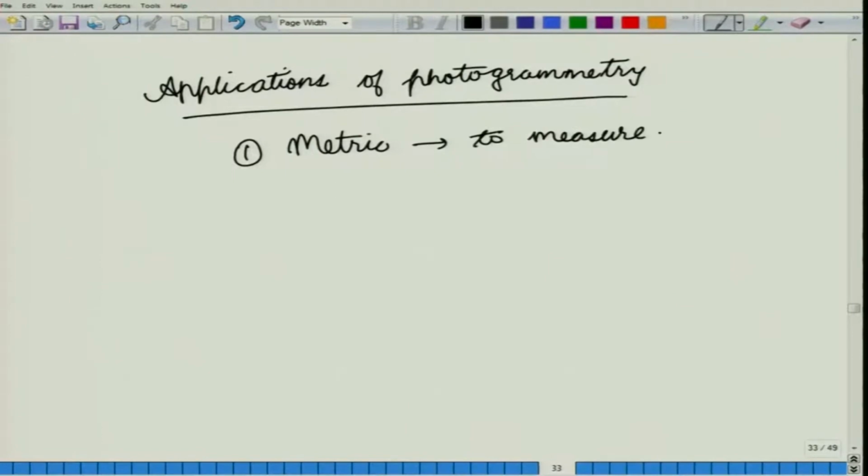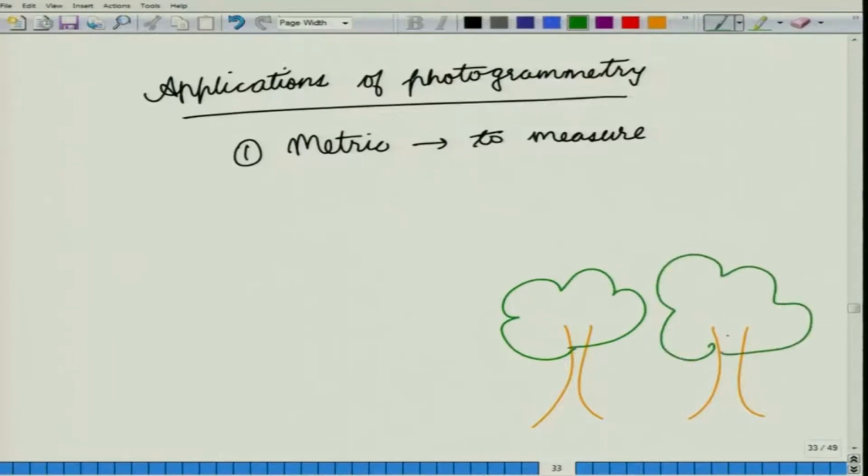So, for instance, if in a photograph you saw 2 trees, and just from these photographs you want to know the actual distance between both of these trees. In your photograph this distance might look like 1 centimeter, but how much is that distance actually out there in the field? If you wanted to measure that, that would be called a metric application.